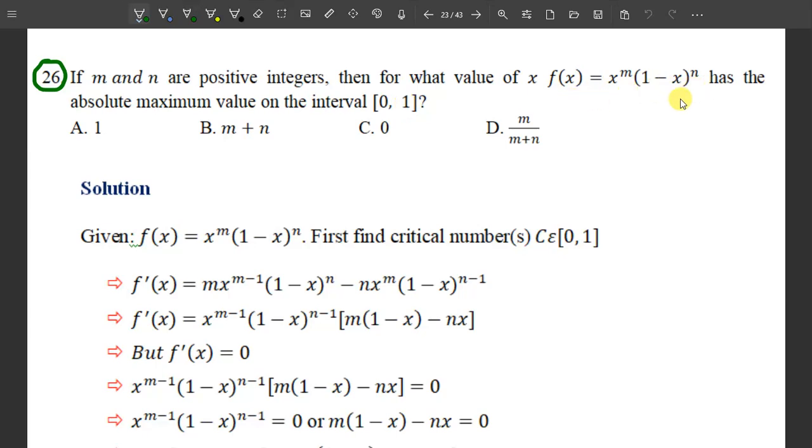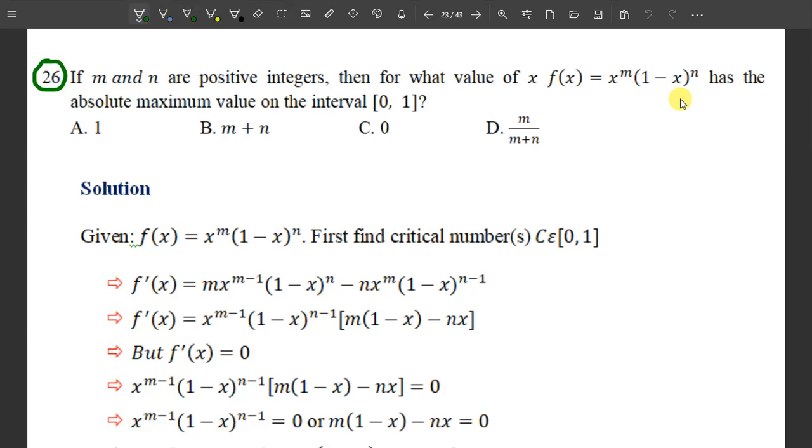The absolute maxima and the absolute minima combined are said to be absolute extrema of a function.